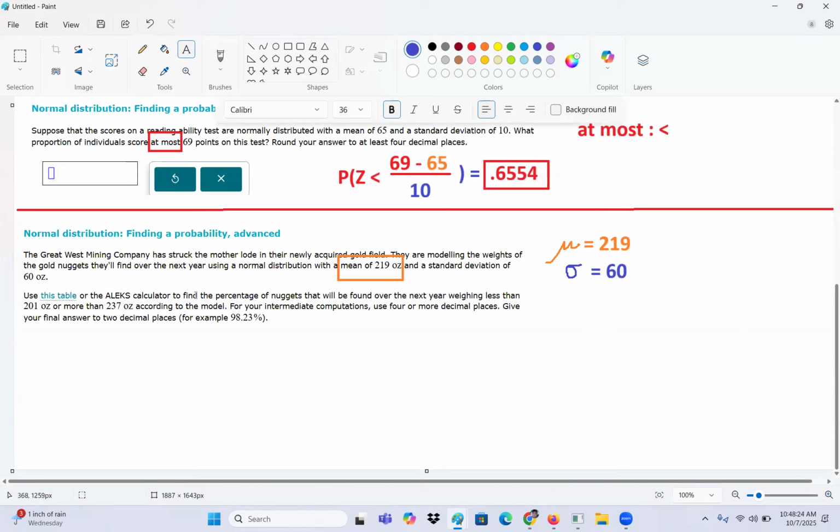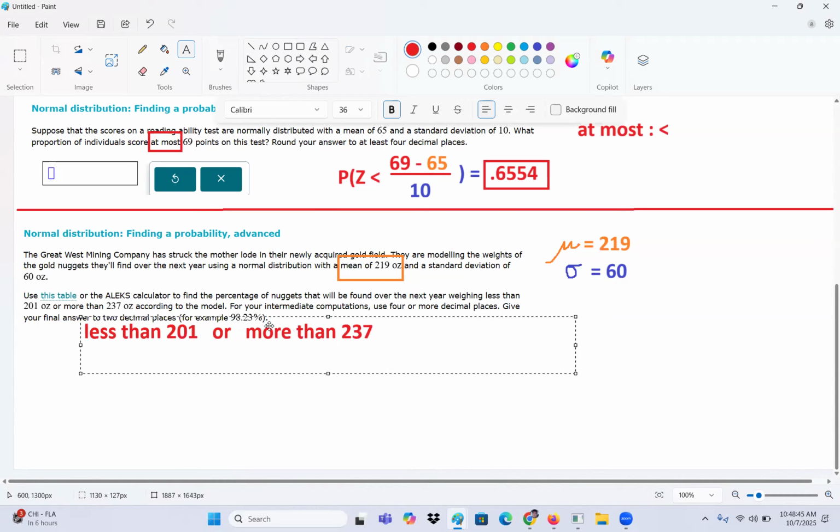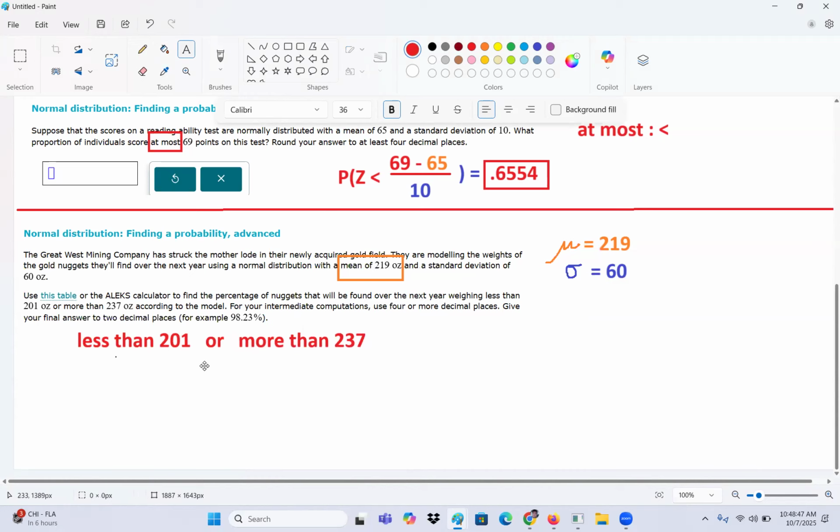All right, so I want to have less than 201 or more than 237. So those are the x values, right? Less than this, and more than 237. Okay.